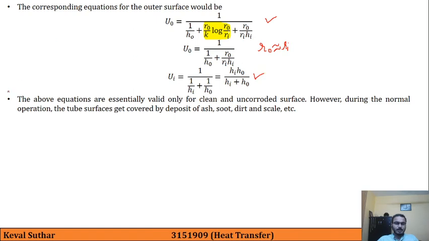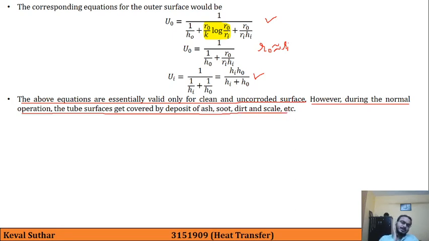Now the above equations are essentially valid only for clean and uncorroded surfaces. However, during normal operation, the tube surfaces get covered by deposits of ash, soot, dirt and scale.